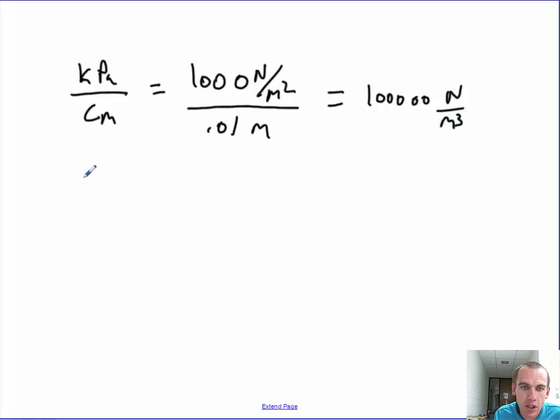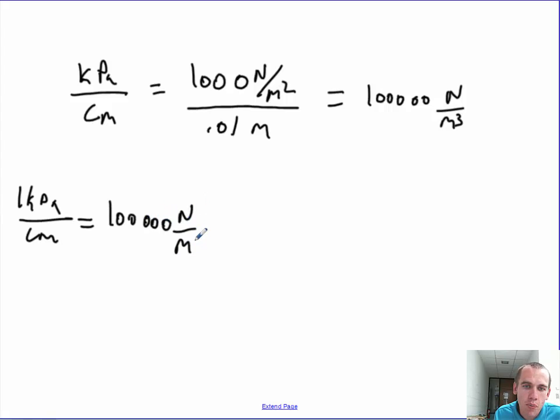All right, keep going. So 1 kPa per centimeter is where we started. Now we're at 100,000 newtons per cubic meter. But a newton is not a base unit, it's a derived unit. Remember, 1 newton is a kilogram meter per second squared. So now I can replace this with that.